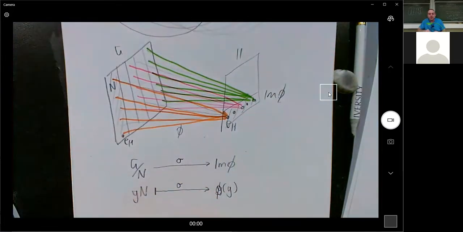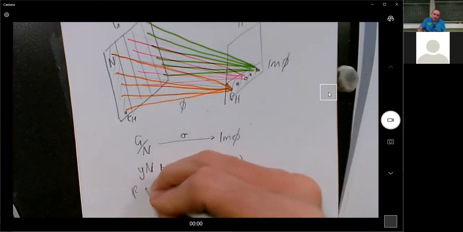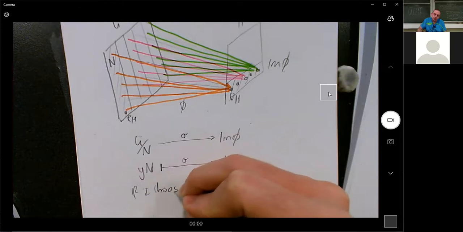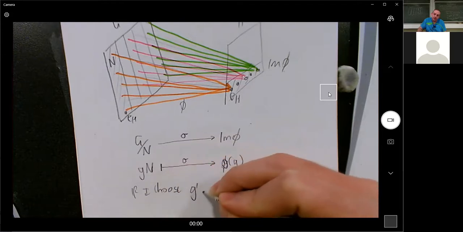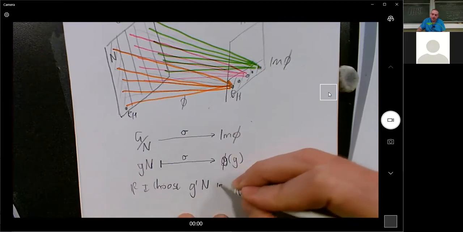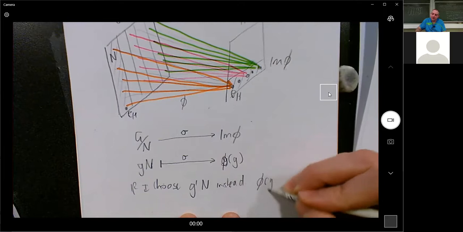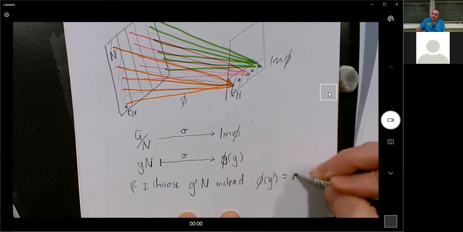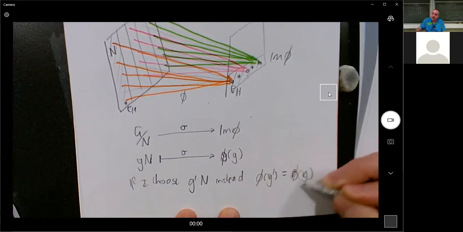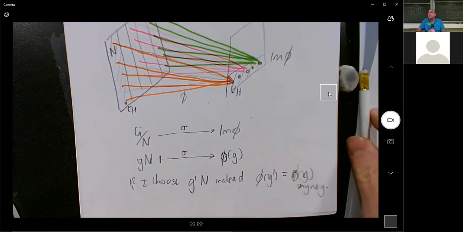So I can represent it as gN. If I choose g dash N for a different g instead, phi of g dash is the same answer as phi of g anyway. That's the point of this theorem.